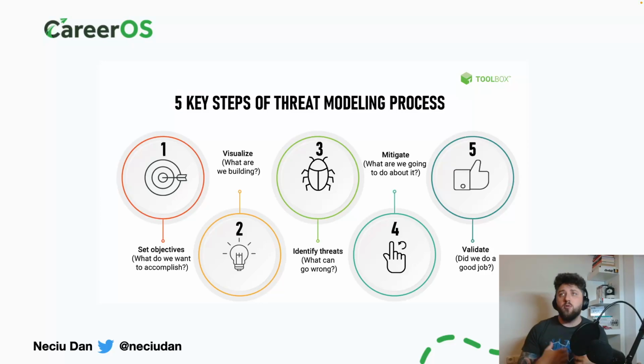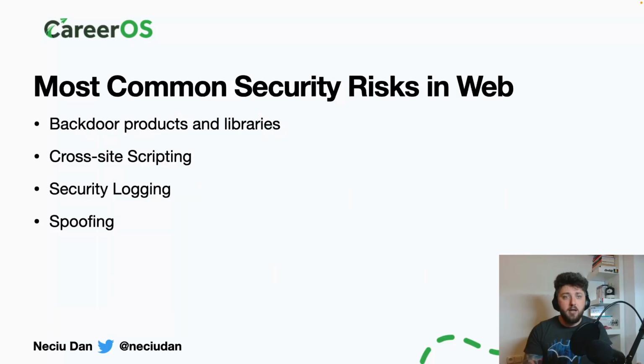In the end, we implement our solution and then we compare our results with our initial goals. We validate our assumptions. But to do threat modeling successfully, everyone in the team must be aware of the most common security risks so you can plan for them.